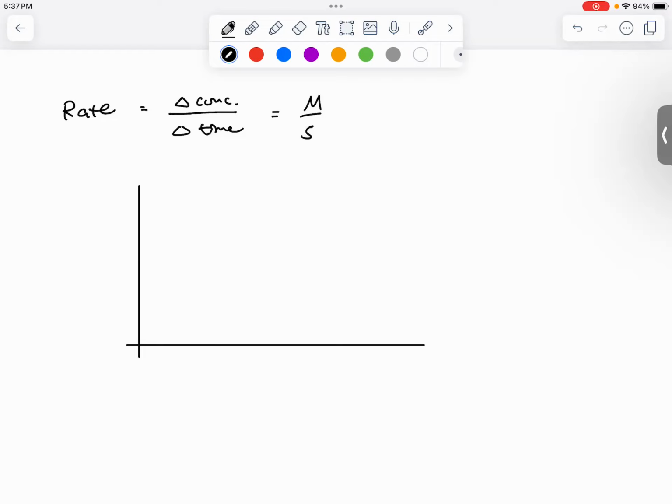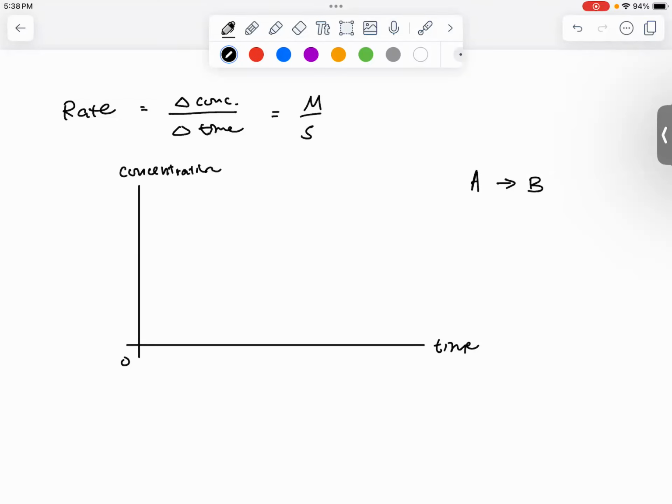So if I give you a graph, on the y-axis is the concentration, and the x-axis is your time. The reaction that you are having is, let's just say, A becomes B. Simple reaction.